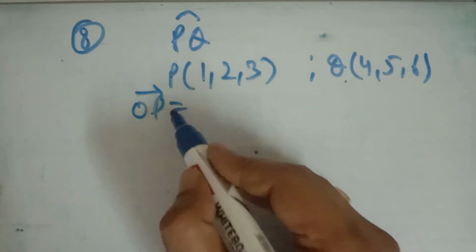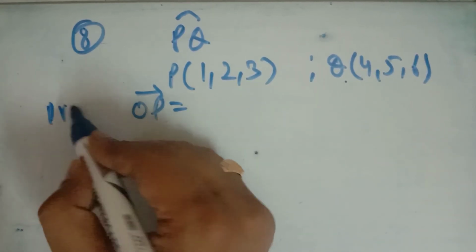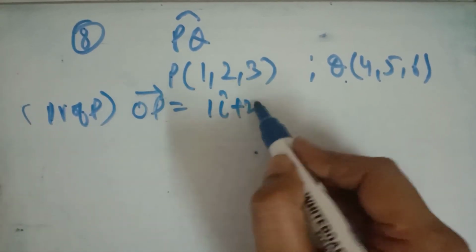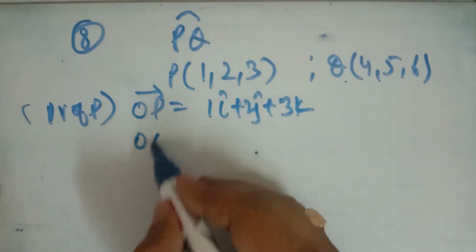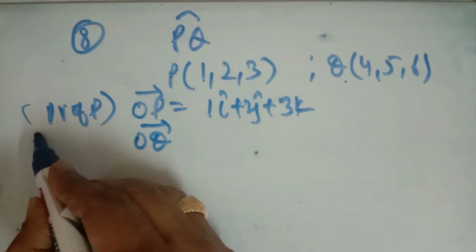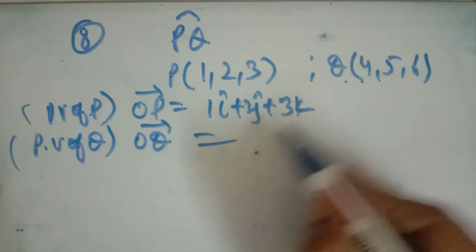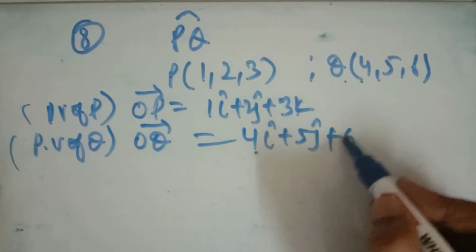First of all, the position vector of P, denoted by OP. If the point is given as (1, 2, 3), it is 1i plus 2j plus 3k. Similarly, the position vector of Q, which starts from O, is 4i plus 5j plus 6k. We have discussed this in the last lecture.